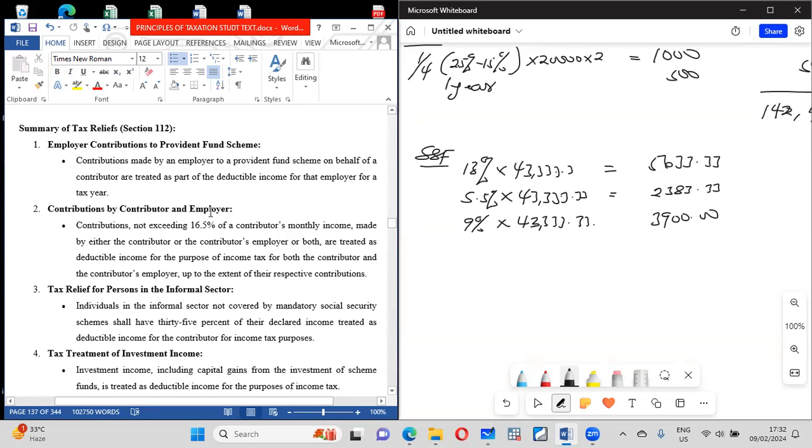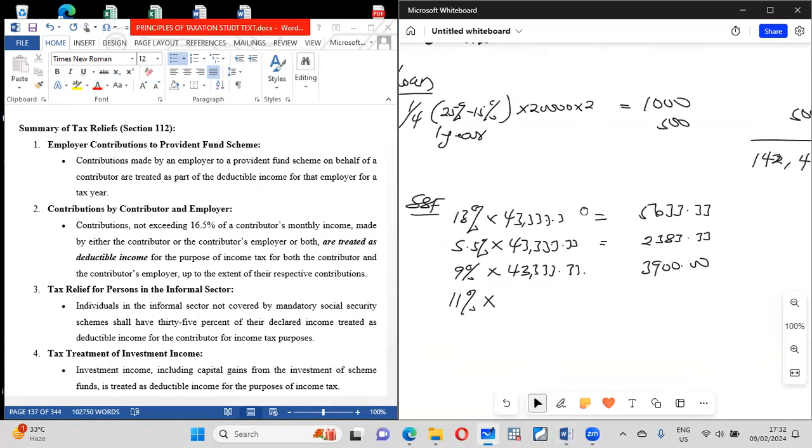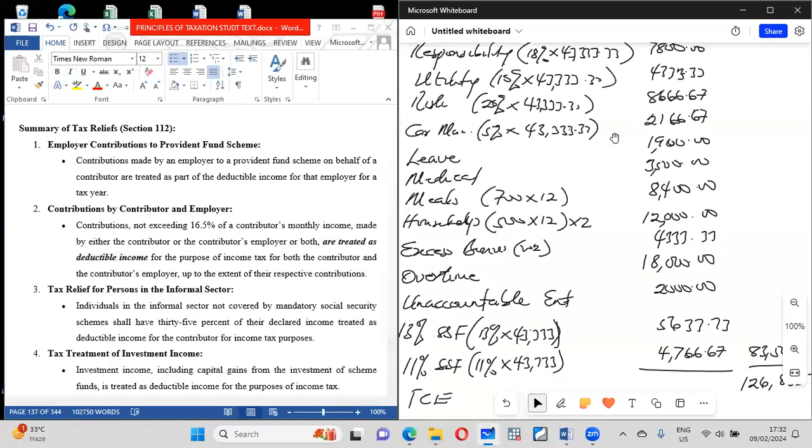Contribution by the contributor or an employer. So contribution not exceeding 6.5% of the contributor's monthly income made by either the contributor or the contributor's employer, or both, are treated as tax deductible. Okay, so we have to deduct those ones for tax purposes, both for the contributor and the contributor's employer. All right, so that means that we need to add the 11%, meaning that the first example that we did here, we should go back and add.